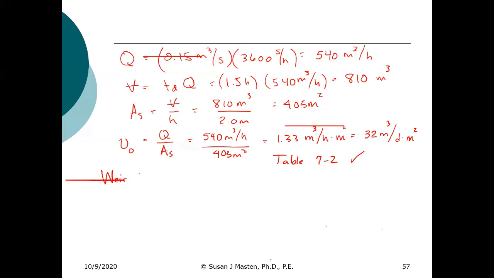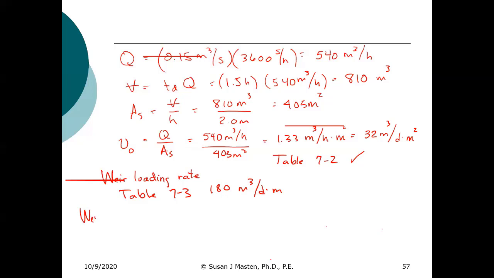And then the last, which some of you had questions about, was how to calculate the weir loading rate. So we need to determine a weir's length. Now we could do this in terms of determining the circumference, or let's just pick from table 7-3, which gives us a weir loading rate of 180 cubic meters per day per meter.